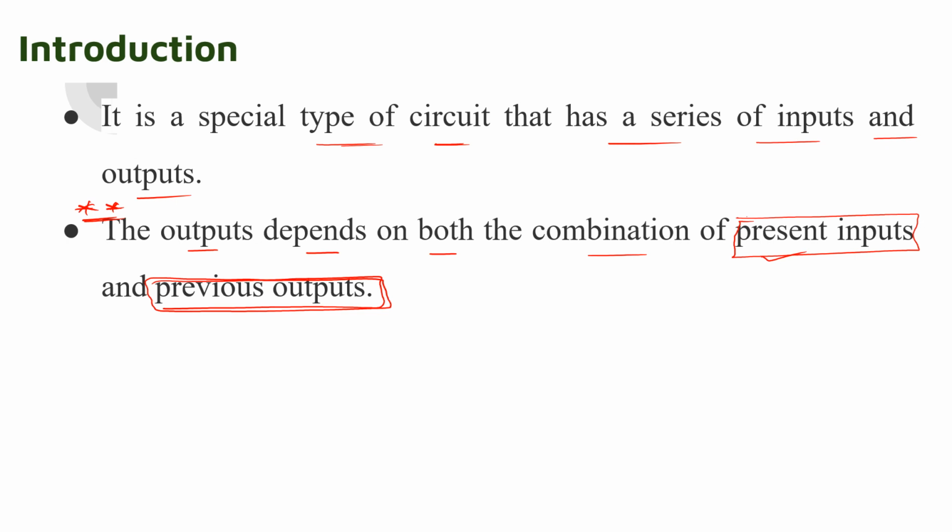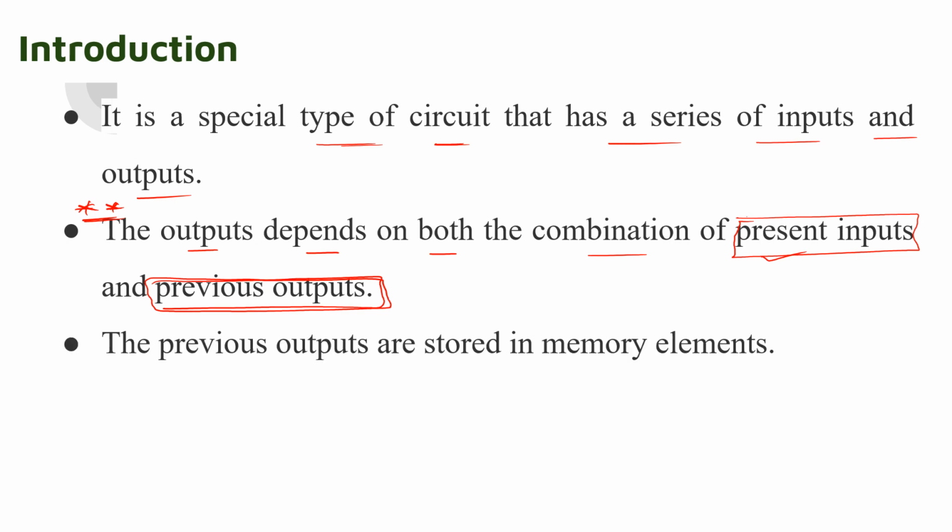Then the question is where these previous outputs are stored. The previous outputs are stored in memory elements. Therefore, sequential circuits consist of memory elements. These previous outputs are stored in memory elements, which again plays a crucial role in our sequential circuits.